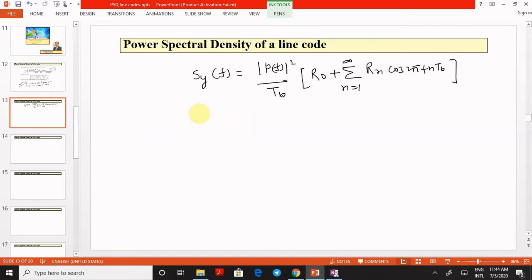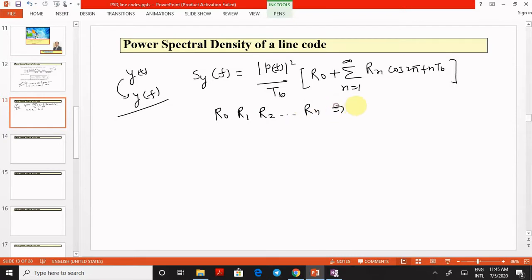Now, if we want to calculate the power spectral density of any line code, that is y(t), and the Fourier representation of this y(t) is Y(f), then we have to calculate the values of all these discrete correlation functions, that is R_0, R_1, R_2 up to R_n.